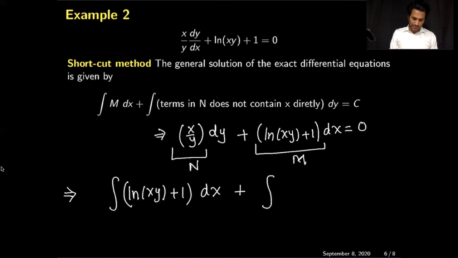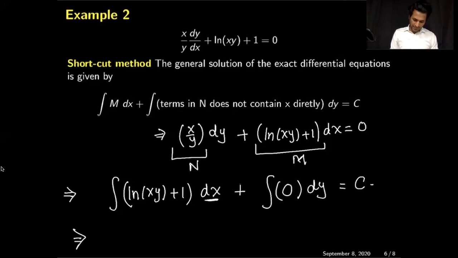You can see that here the N has x directly, so I will write this as 0 because there is no term which does not contain x directly. So 0 times dy is equal to c. So all I need to do is compute this integration with respect to x only.